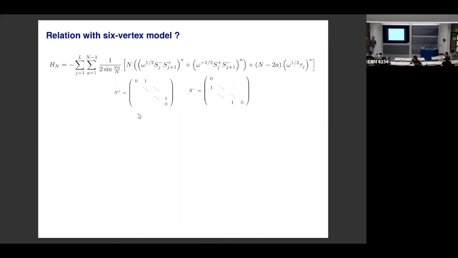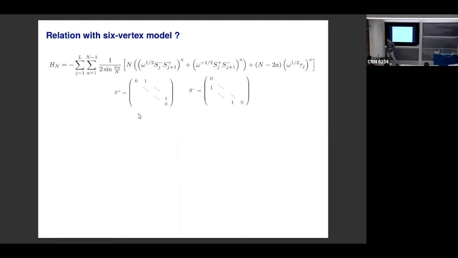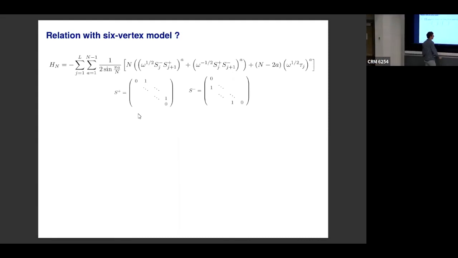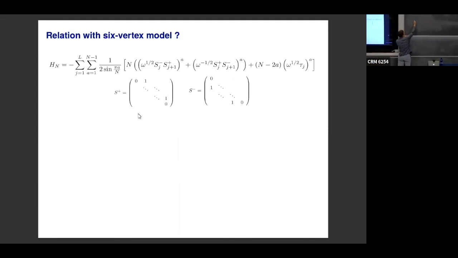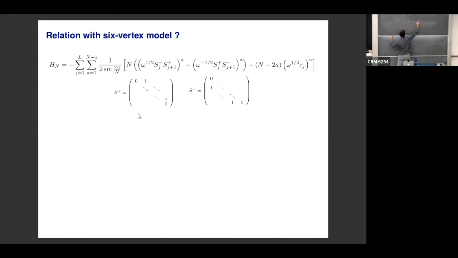Did I understand then that in your construction for the XX chain, for instance, you have two charges? So what are they? Well, you have two charges originally, but then if you take commutators and commutators, you get many of them. The XX Hamiltonian you can write as a sum of sigma plus sigma minus at sites i and i plus 1.